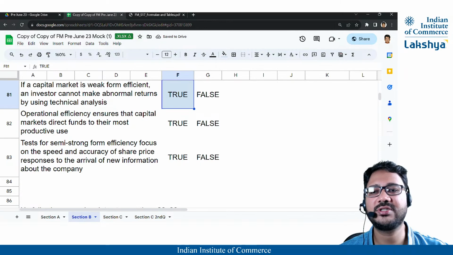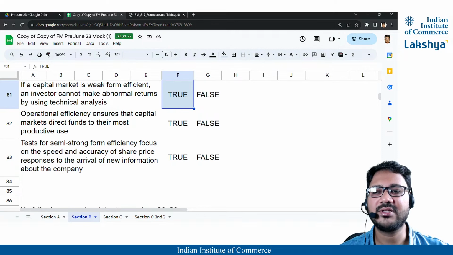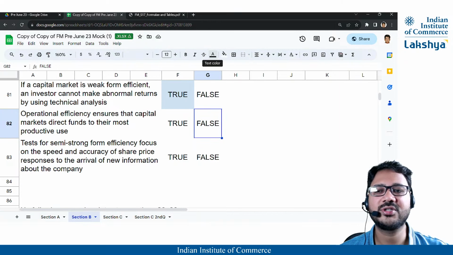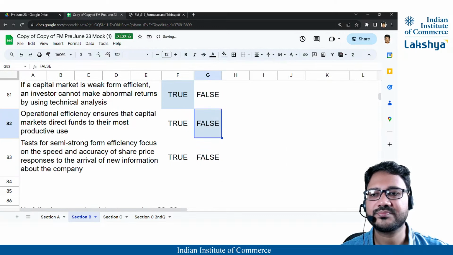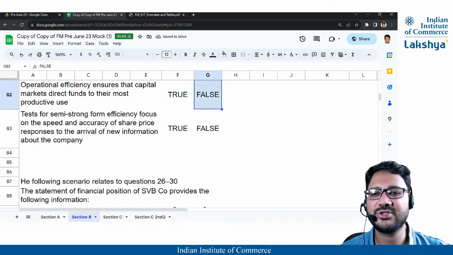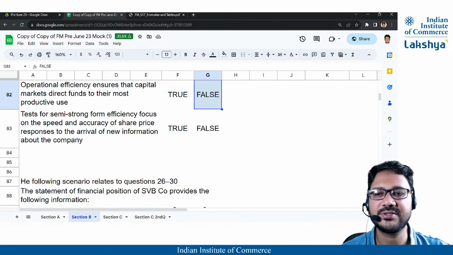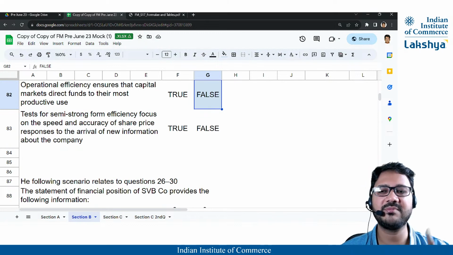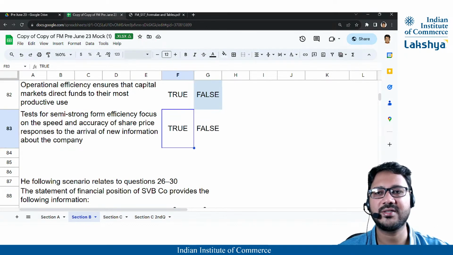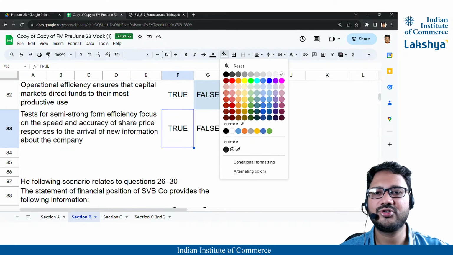Operating efficiency ensures that capital markets direct funds to their most productive use. No, capital markets have nothing to do with operating efficiency, but with financial gearing, so this will be false. Tests for semi-strong form of efficiency focus on the speed and accuracy of share price response to the arrival of new information. Yes, if the new information is factored into the price immediately, that means it is a semi-strong form market. So this statement is also true.